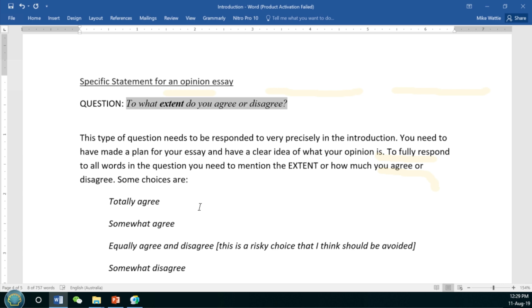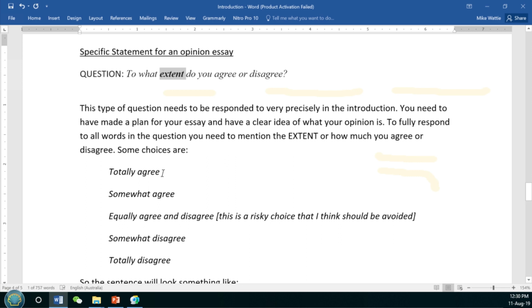So with a question like this, you definitely need to clearly state whether you agree or disagree, and then you should say how much. Just saying you agree or you disagree is not enough. So here are some options that you can choose for your test.